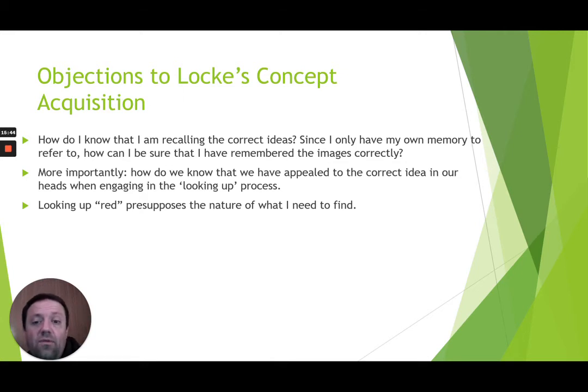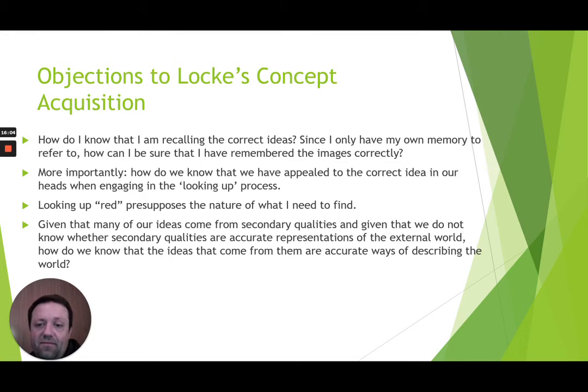How do we know that we're looking up the right concept? Right? So looking up red presupposes the nature of what I need to find. So then that suggests that the idea of red is already there, which might lend you to think of arguments for innate knowledge rather than suggesting that it's all come from experience.